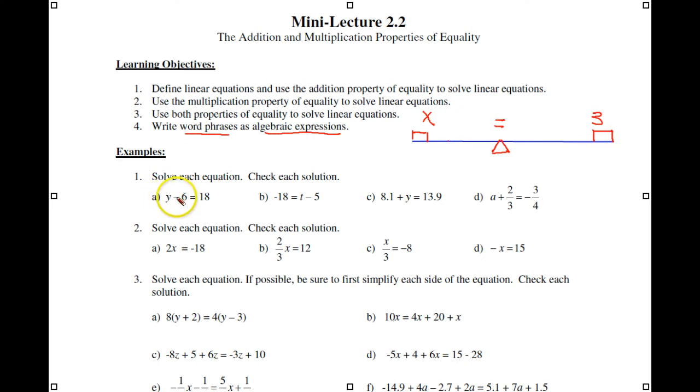So what do I have to add to a negative 6 to make it go away, or a 0? And you might say, well, it's additive inverse. It's opposite. So what is the opposite of negative 6? Well, a positive 6. Now, in order to keep this an equation, I have to add 6 to this side as well.